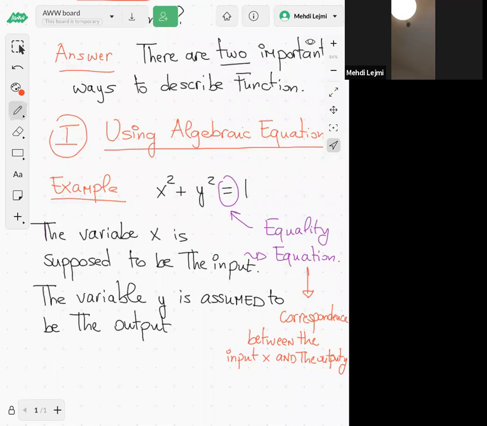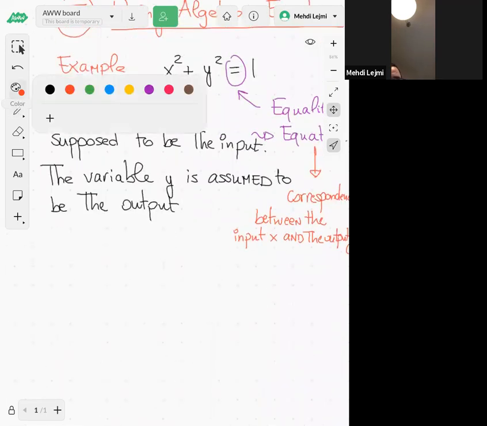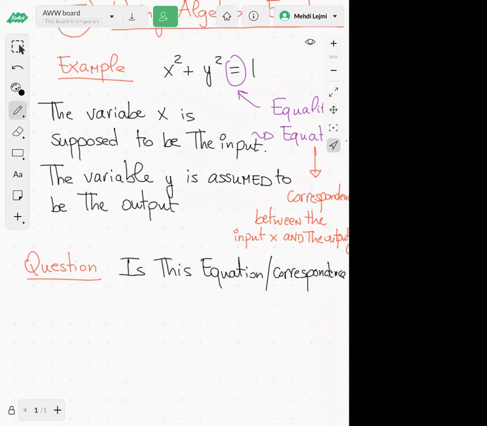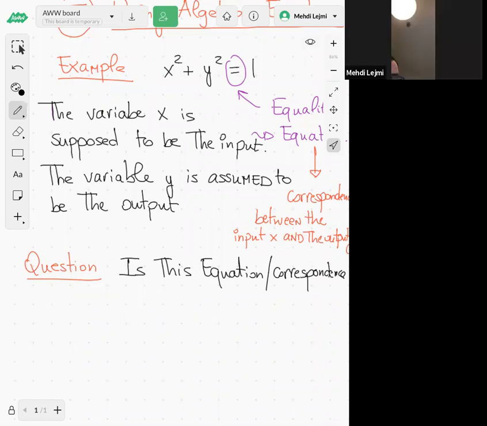Anyway, now the question we're gonna try to answer is whether this equation, x squared plus y squared equal to 1, represents a function. Actually, the answer is no, but I'm going to explain, of course.